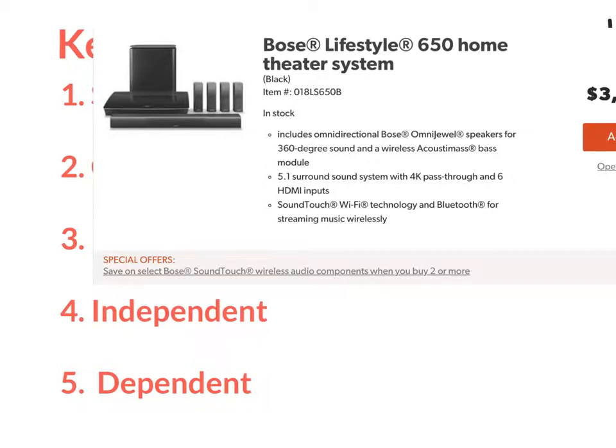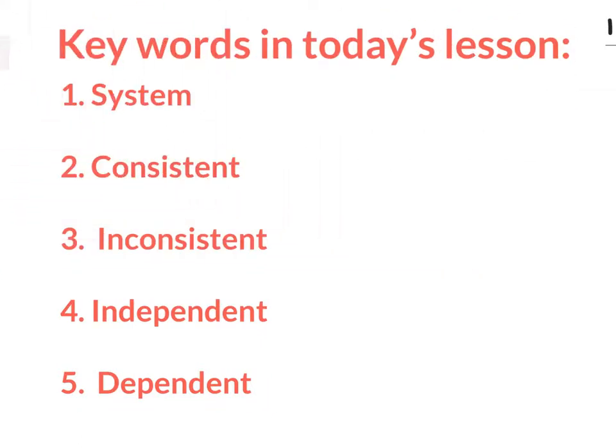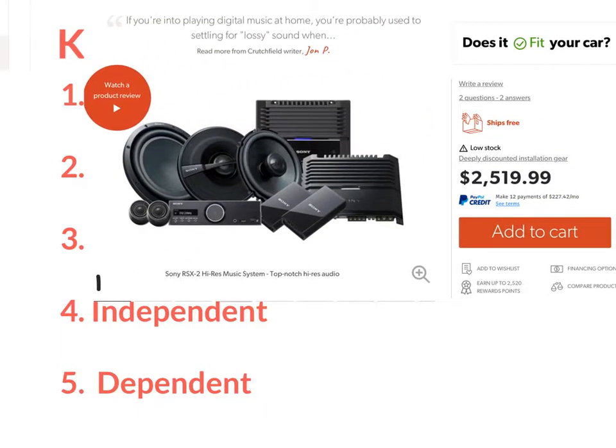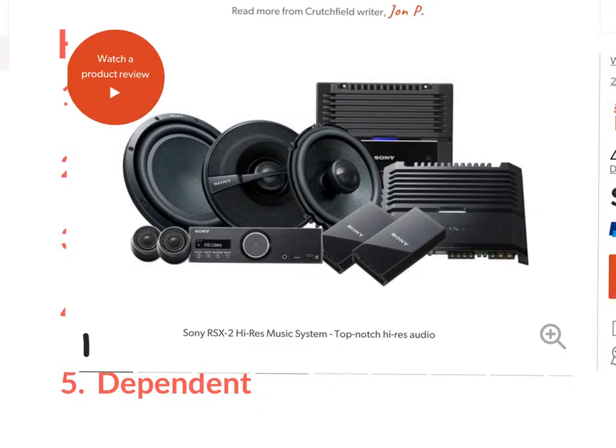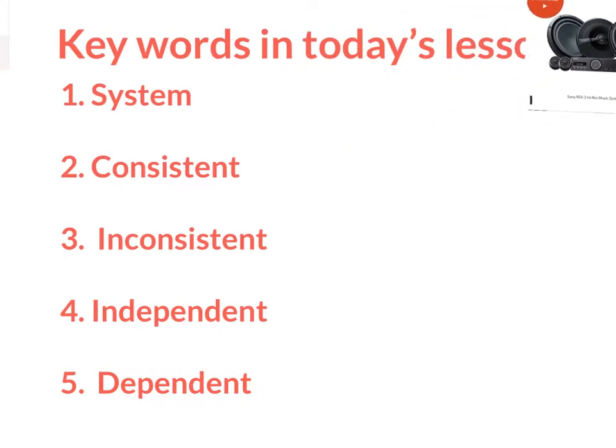Anyways, that's a system. How about, here's a sound system in a car, right? Now, what do you notice about these systems, or how about the nervous system? Or the PlayStation system, right? The PlayStation is not just the console, right? You need several things working together in order for you to be able to game, right?